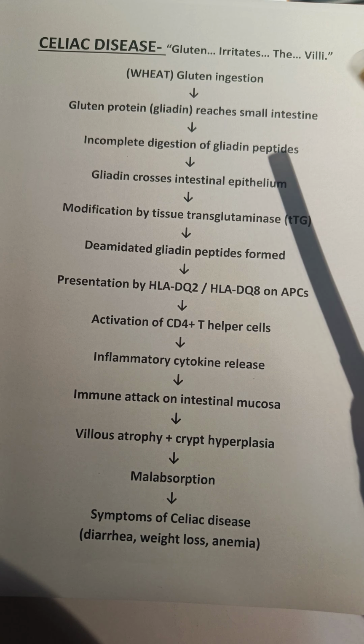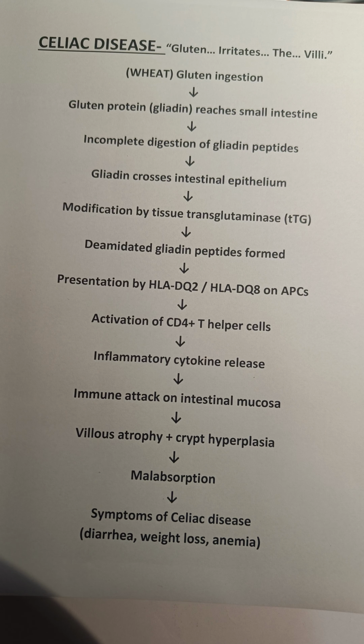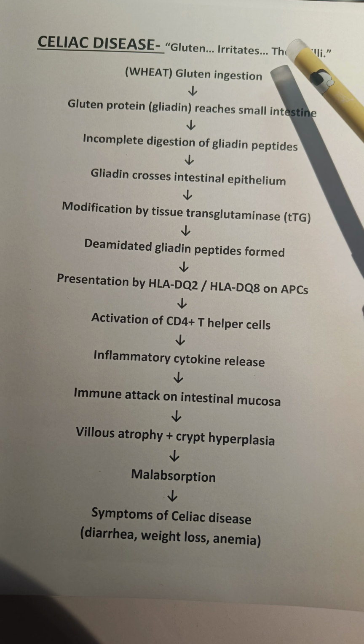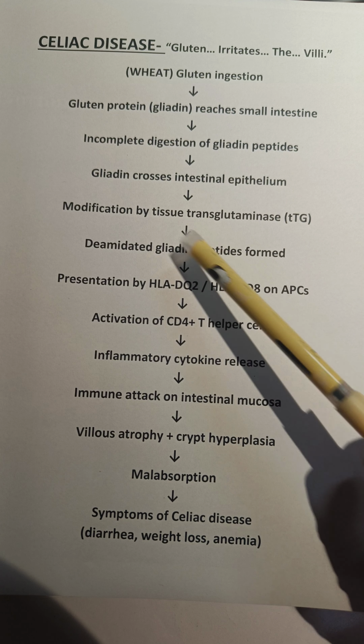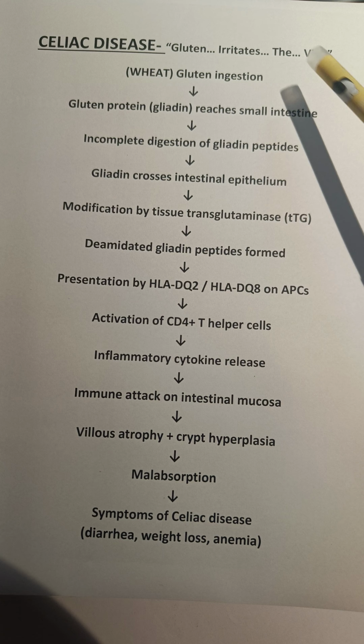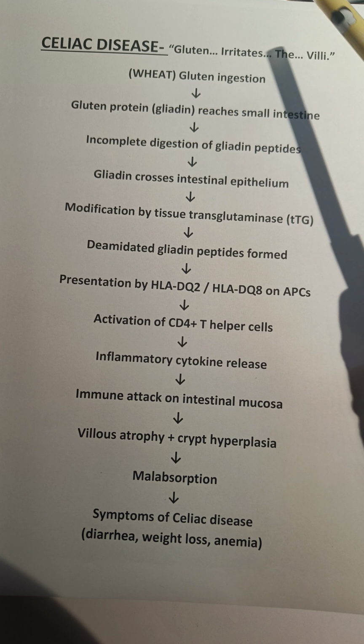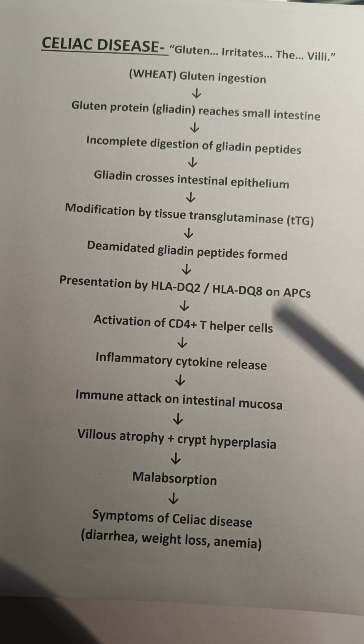I stands for immunogenic. The gliadin present in gluten becomes immunogenic because of the T, the enzyme TTG, tissue transglutaminase, which makes this gluten product immunogenic, and that destroys the villi. So there is villi atrophy, and that leads to malabsorption and other symptoms.